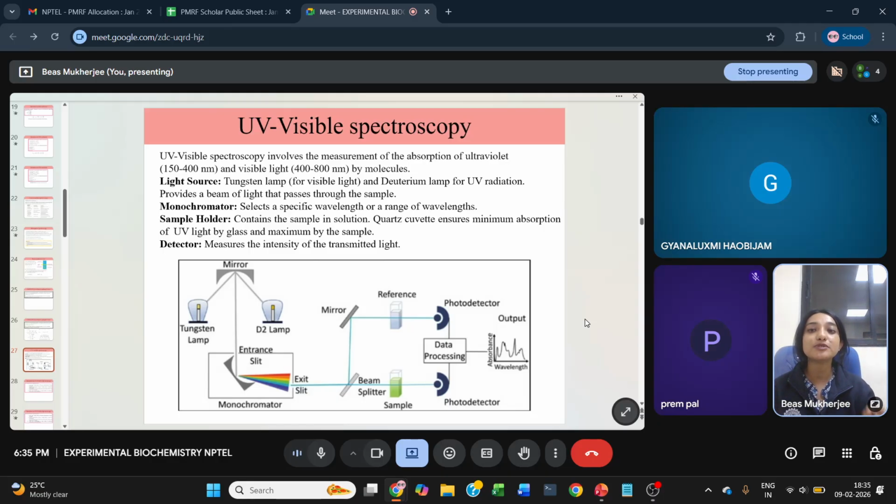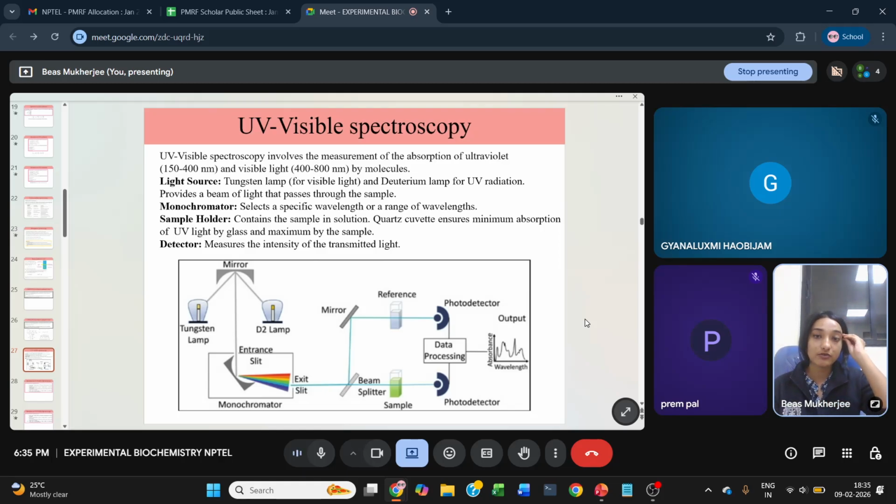UV visible spectroscopy involves measurement of the absorption of UV light and visible light by molecules. Light sources are often a tungsten lamp for visible light and a deuterium lamp for UV radiation. Here ultraviolet light and visible light are getting absorbed.